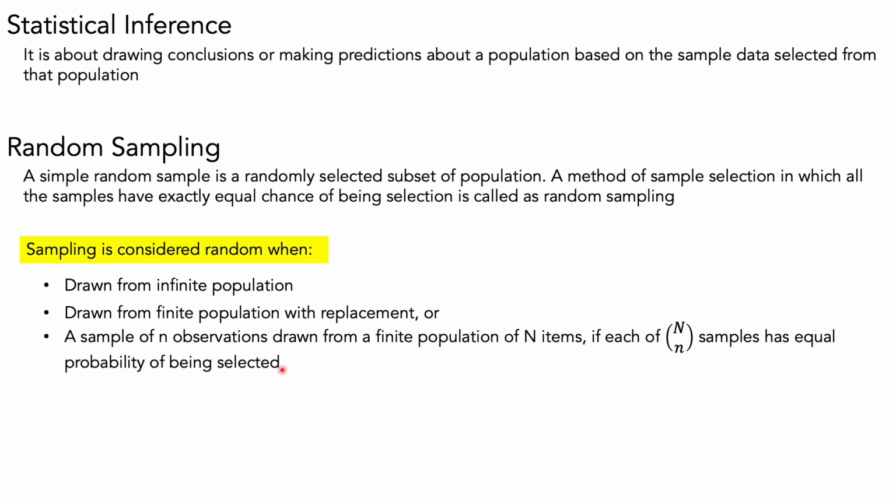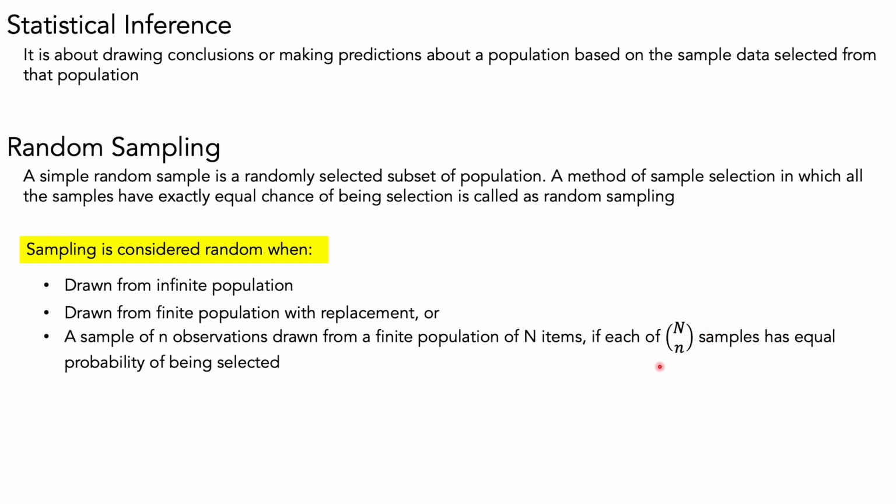Okay, so there are three conditions under which we can consider a random sample. First, if it is drawn from an infinite population. Second, if it is drawn from a finite population but through the procedure of sampling with replacement. Third, if the sample is collected from a finite population, with sample size n and population size capital N, and all the samples of size n have equal probability of being selected, then it will be considered a random sample.